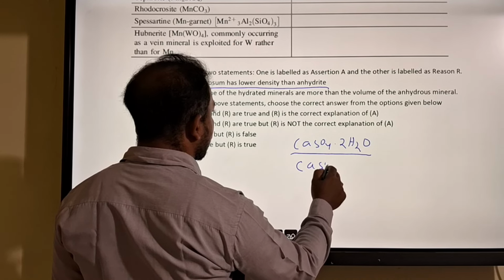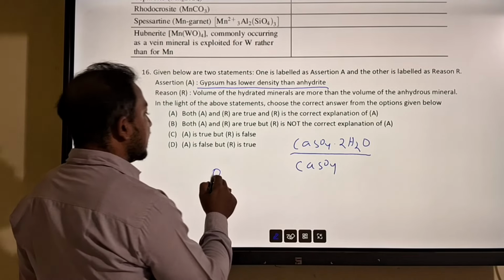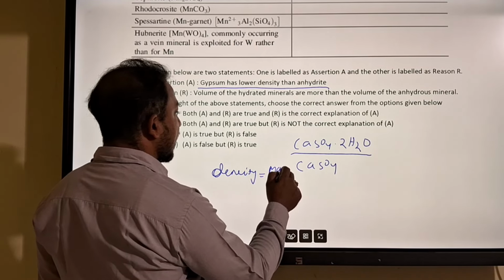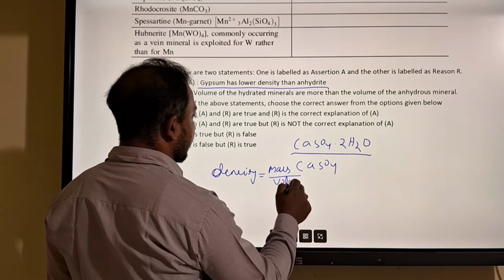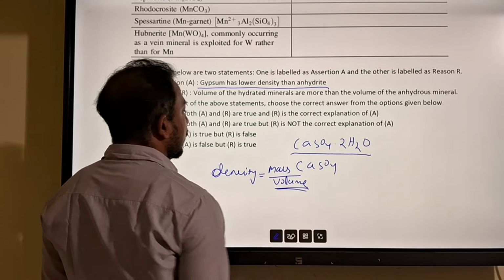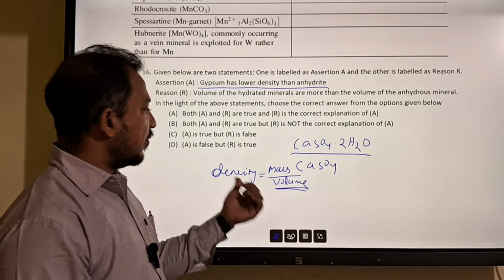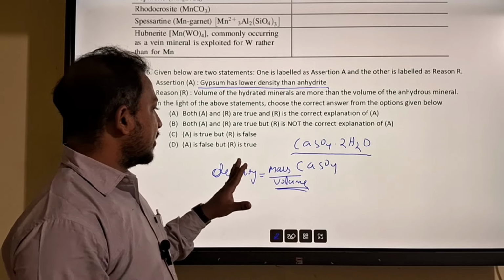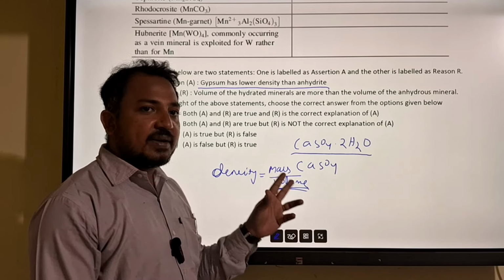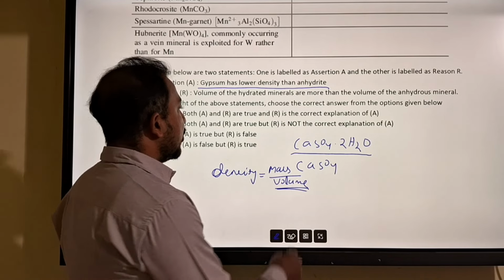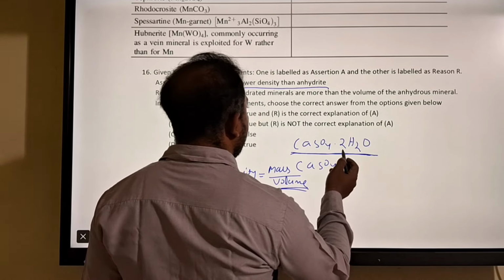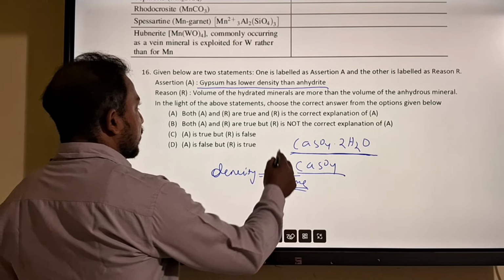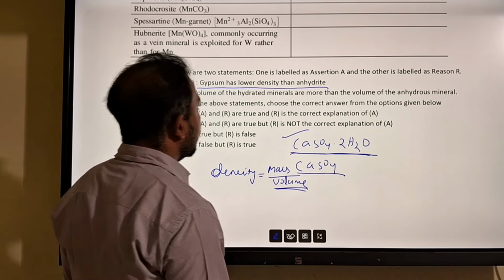Anhydrite is CaSO4. So what is density? It is mass by volume. The rock that has more volume will have less density, so density is inversely proportional to volume. Between CaSO4·2H2O, that is gypsum, and CaSO4, that is anhydrite, gypsum has more volume.